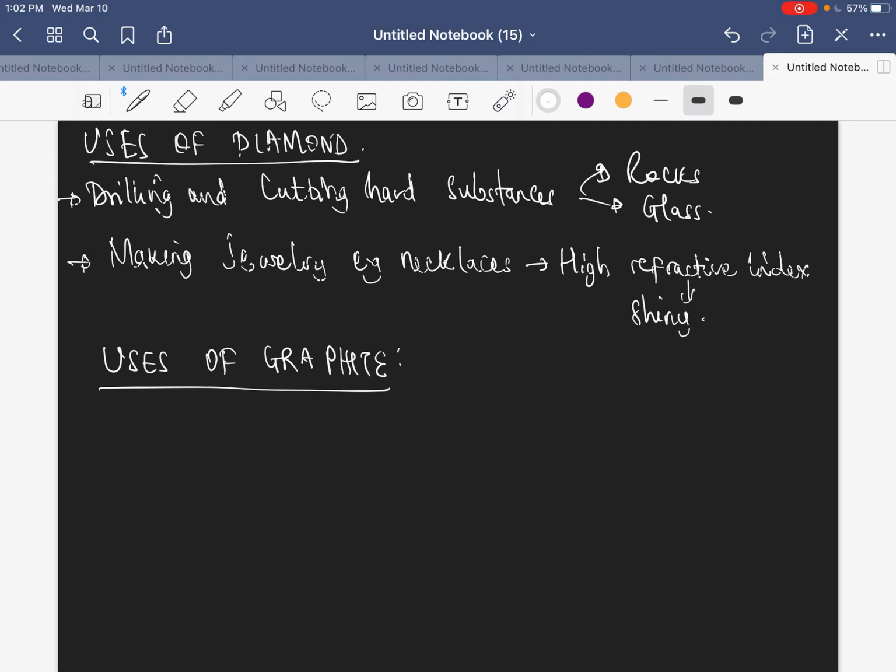Number one, graphite being a non-metal, it is used as a protective coating for iron. You know, iron can rust when it is exposed to air and water, so we coat iron with graphite in order to prevent rusting.